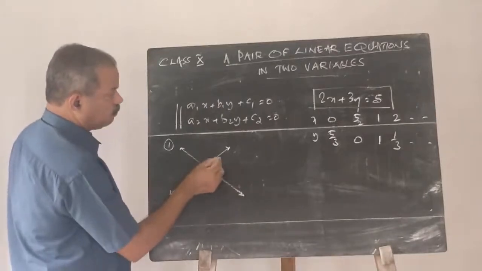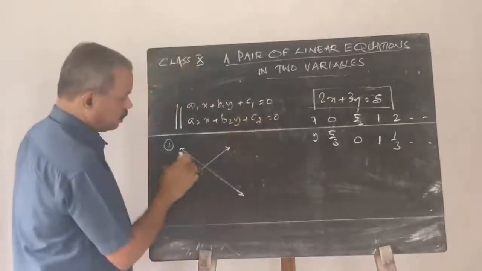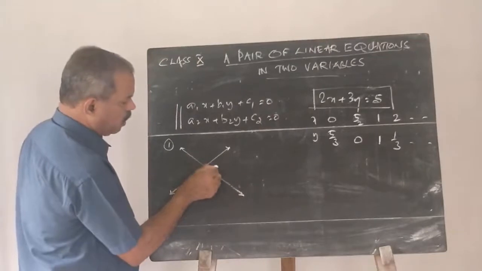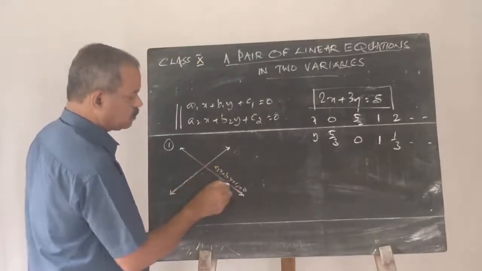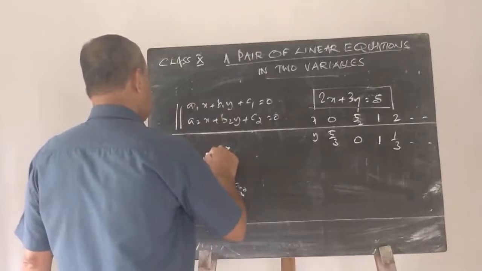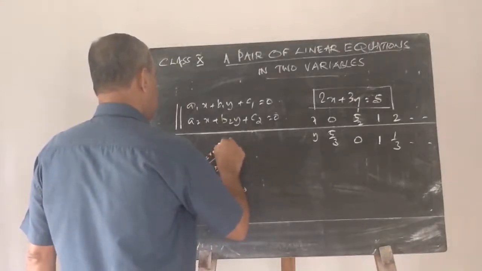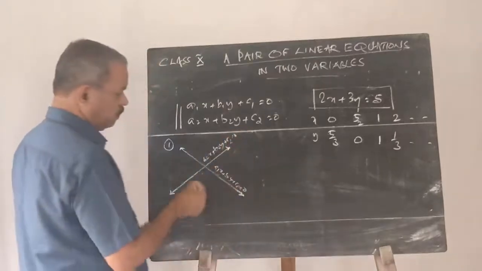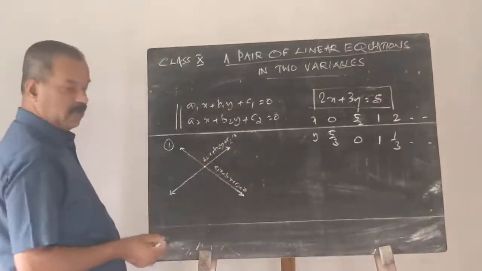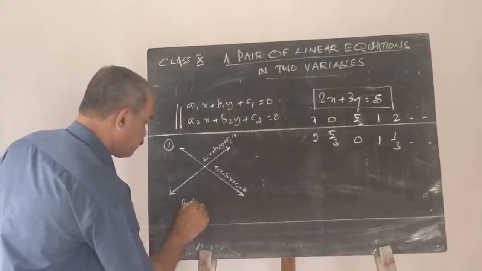Let this be the graph of a1x plus b1y plus c1 equal to 0, and this a2x plus b2y plus c2 equal to 0. They intersect at a point. Intersecting lines.